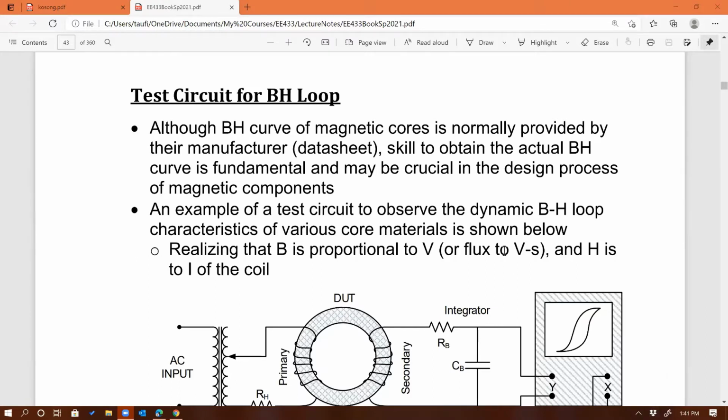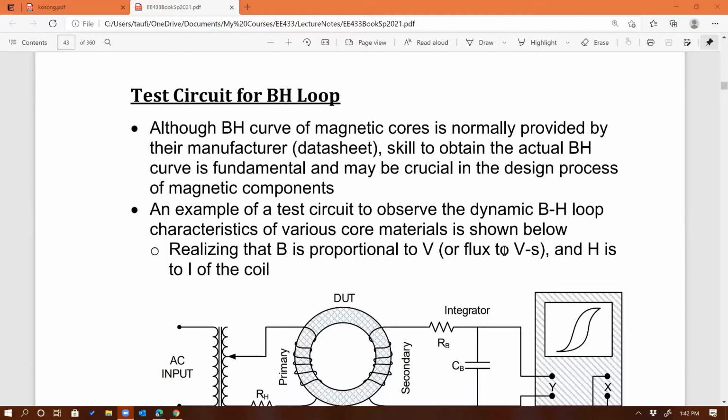So that's convenient. But what if you would like to test the core yourself, right? Yes, they provide the information, but let's say you are using the core slightly differently or under a different operating condition than the data they present in the data sheet. Then that's a case where you should test the core yourself, right?